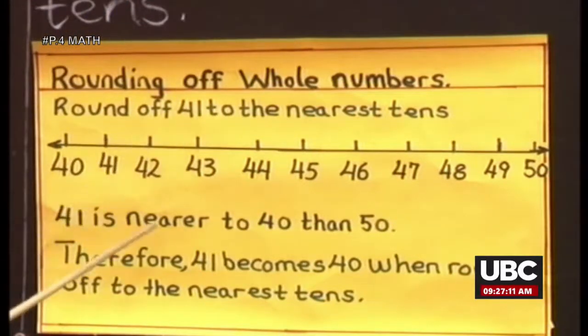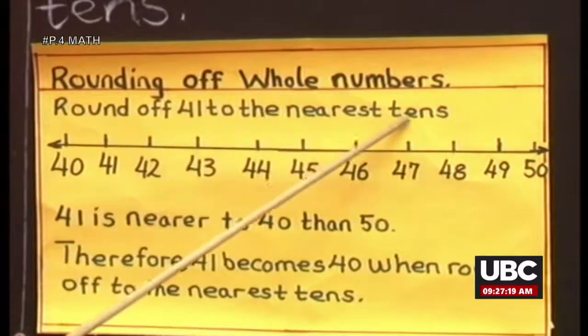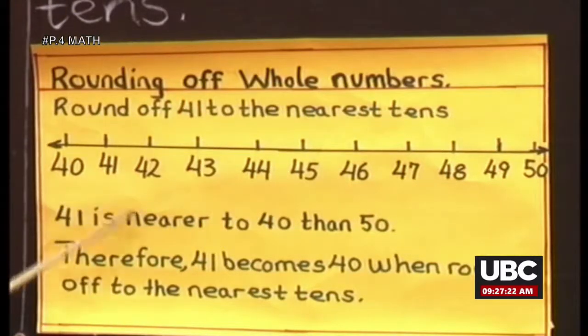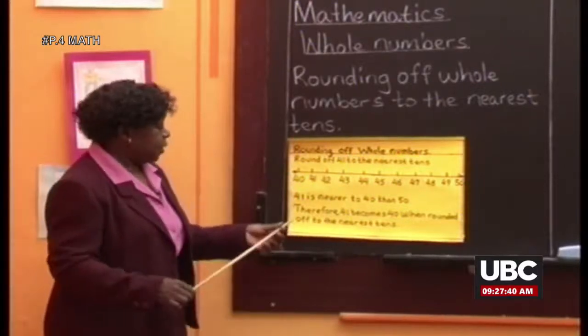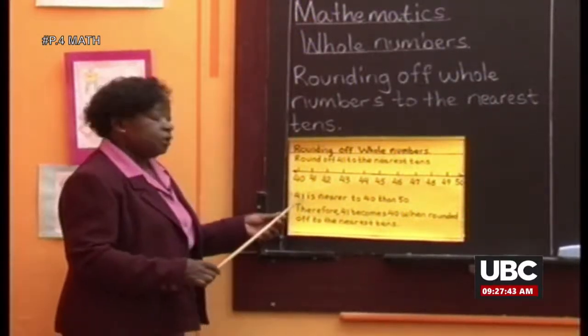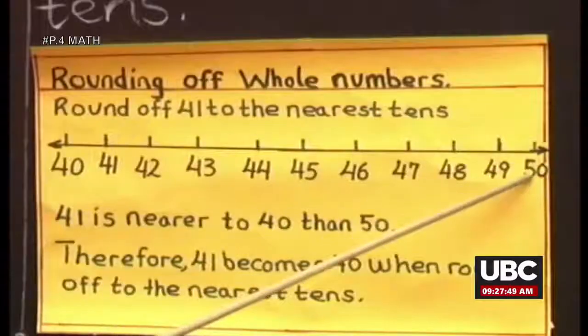So in our number line here, it is saying round off 41 to the nearest tens. Round off 41 to the nearest tens. So 41 is nearer to 40 than 50. 40 is here, and I told you the tens we are talking about are 10, 20, 30, 40, 50, 60, 70, 80, 90. If you are rounding off 41 to the nearest tens, the tens we have here are 40 and 50.